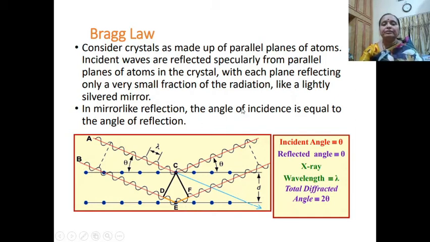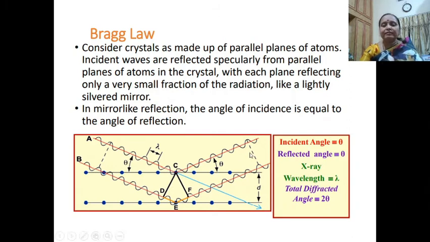Each plane reflects only a small fraction of the radiation, like a lightly silvered mirror. In mirror-like reflection, the angle of incidence is equal to the angle of reflection.